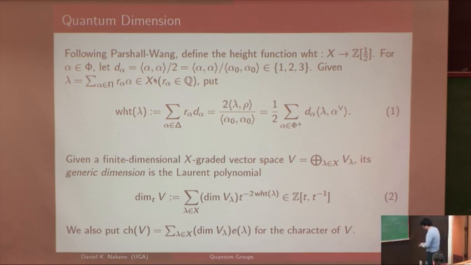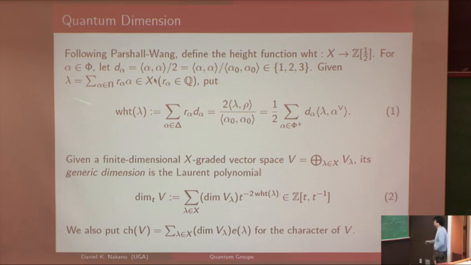All right, this follows work of Parshall and Scott. What you do is you define this height function from the weight lattice into half the integers. You do it by root combinatorics. You take d_alpha to be this definition over here. These numbers are either 1, 2, or 3.